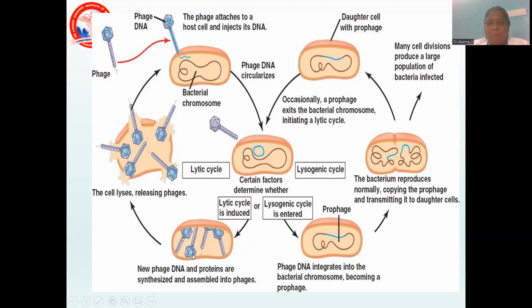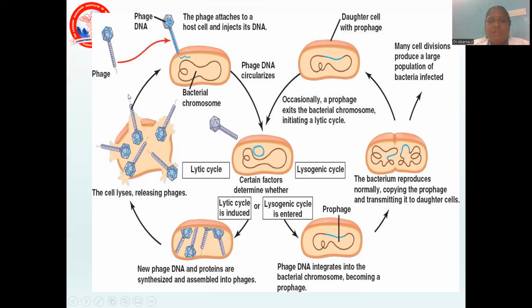So everything is packed. But while packing, they will take a fragment of this bacterial genome also with them. So this bacterial genome is also packed in the new virions. And when they are leaving the cell, they will kill the cell and leave. But while leaving, they are taking the bacterial genome also with them.